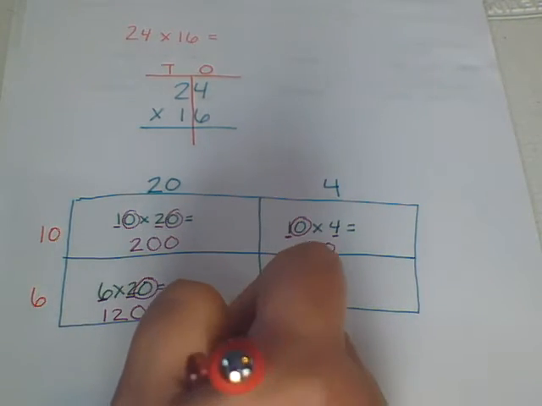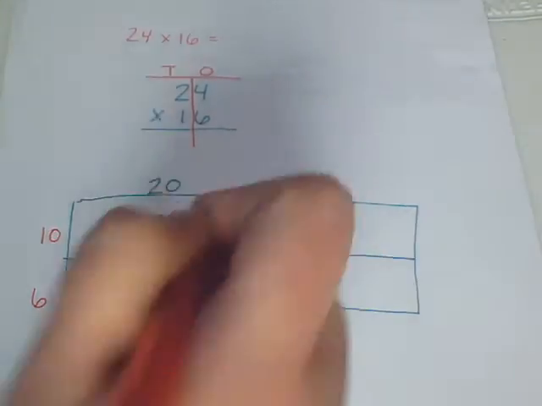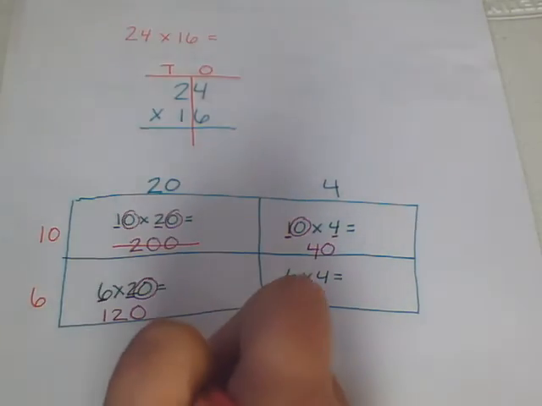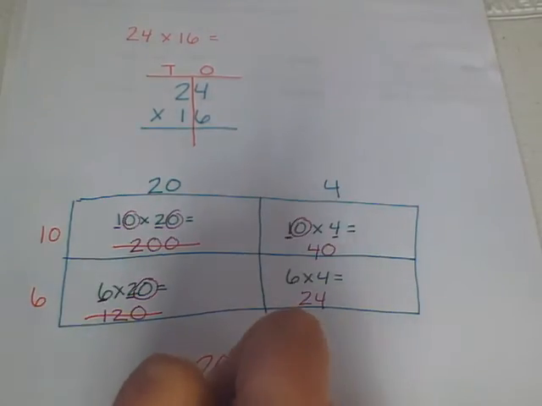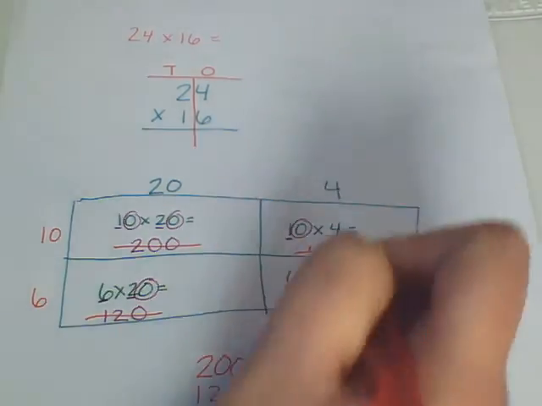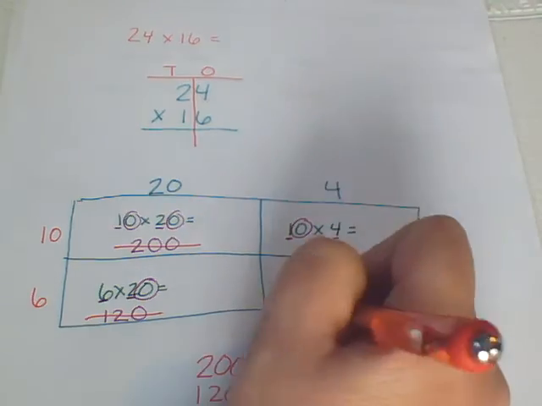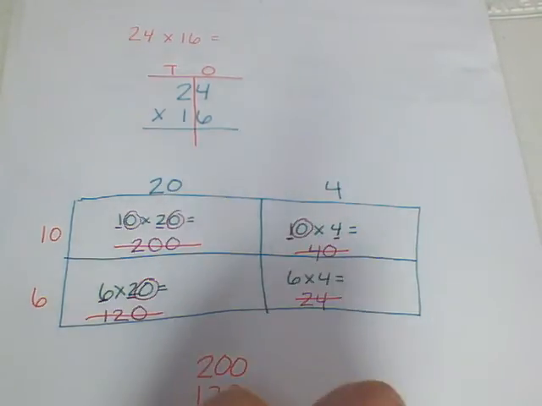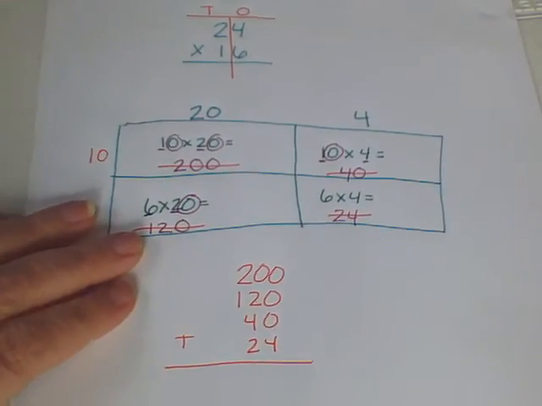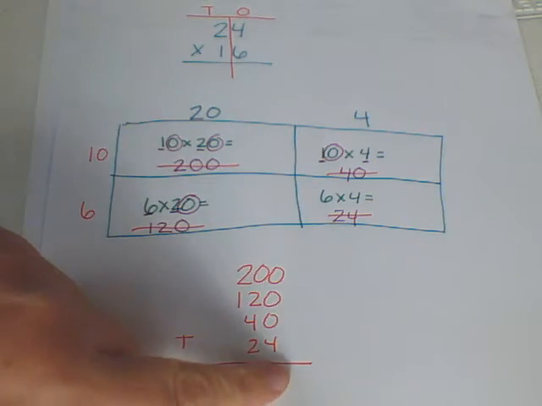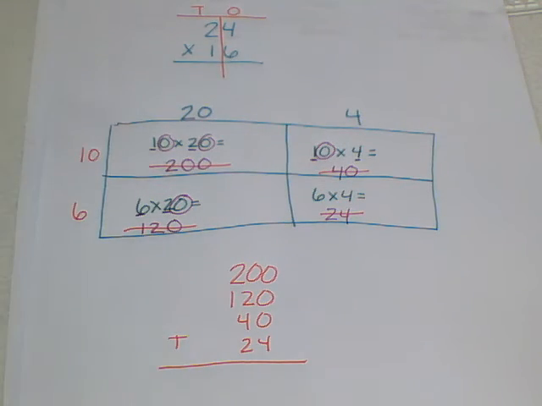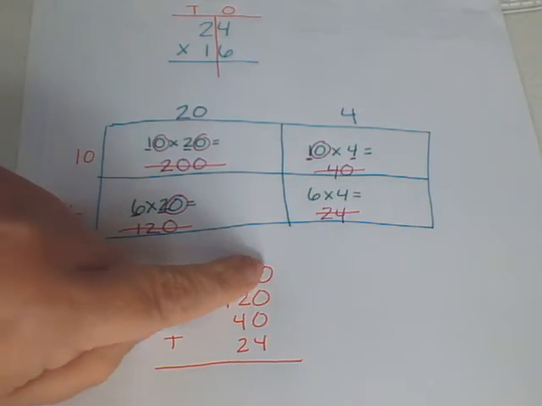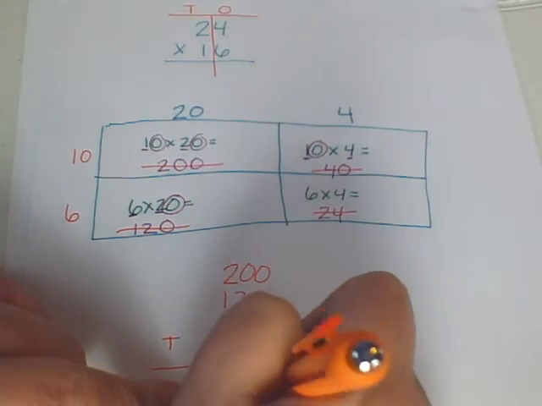So I have 200, 120, 40, and 24. And do you see how I lined my place values up the whole time? Ones, tens, hundreds. I did that so that I can keep it organized, okay? So if I look at my ones column, this is equal to 4.